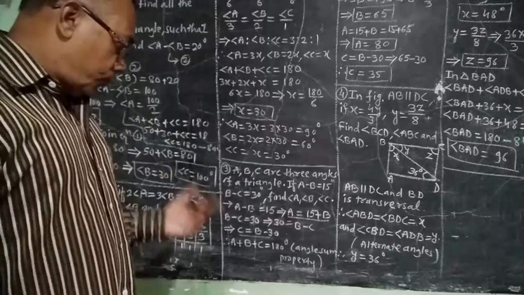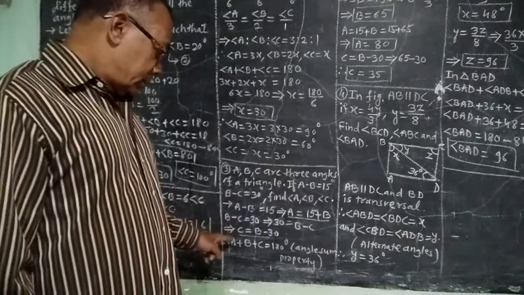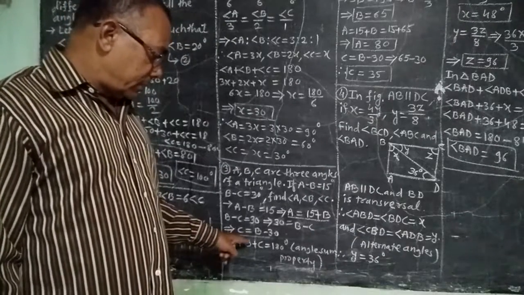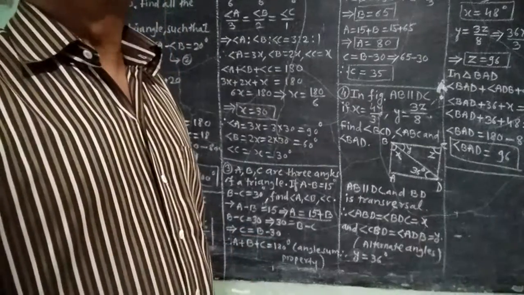Now we know the angle sum property of a triangle, that is the sum of all the angles is 180 degrees. So angle A plus B plus C is equal to 180 degrees.